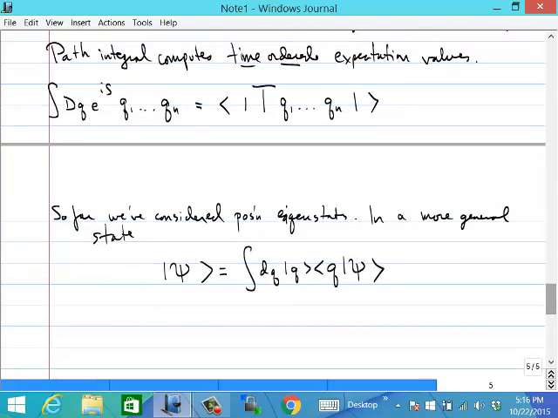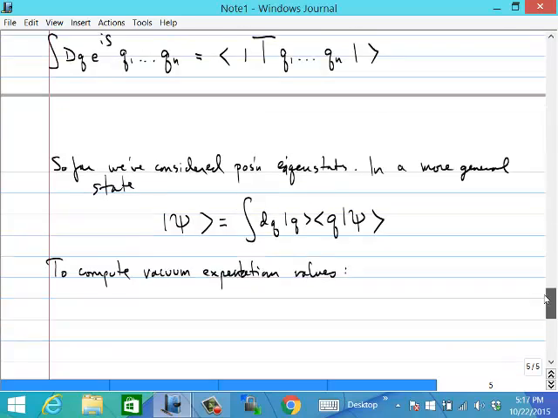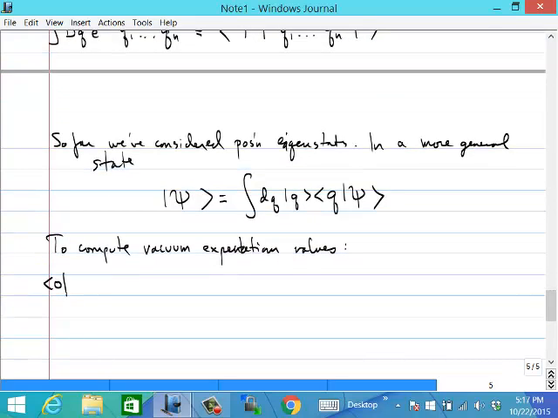So, for example, if we wanted to compute expectation values in a state psi, for example the vacuum state, what would we do? Let's say we were computing the Feynman two-point function, some correlation function of a bunch of operators in the vacuum state.